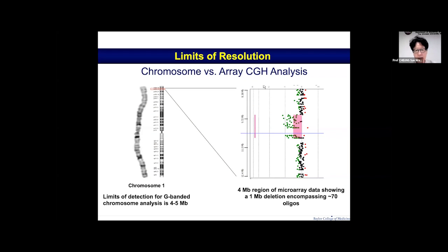Therefore, CMA became popular because it can detect these micro deletions or micro duplications. Here is the 4 megabase region of microarray data showing a 1 megabase deletion encompassing 70 oligos.